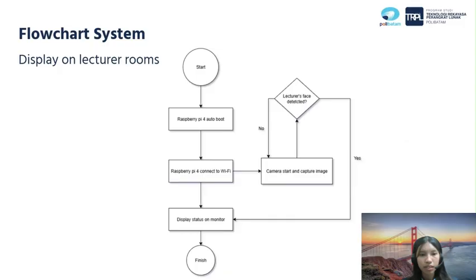Once a lecturer's face is detected, the camera captures the image and identifies the lecturer. If not detected, the camera keeps running and capturing. Once the lecturer's face is recognized, the system will return to the display mode and update the information of the person as needed. After that, the process ends, but the system stays ready to run again if restarted.